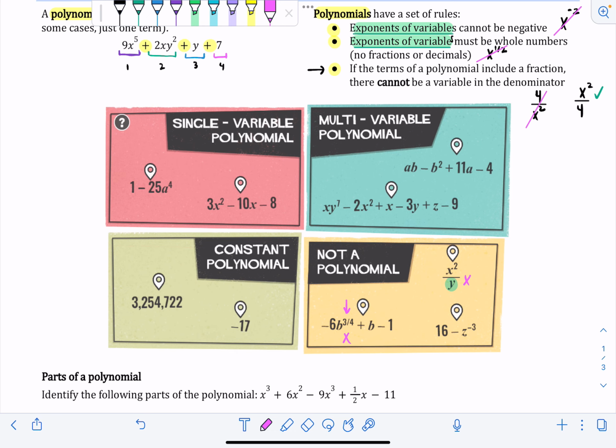And then for the last one, 16 minus z to the negative third power. To go back up to our first rule for that one: exponents of variables cannot be negative, and we had a negative exponent over a variable, z to the negative third. That makes it not a polynomial because it's a negative exponent over our variable.